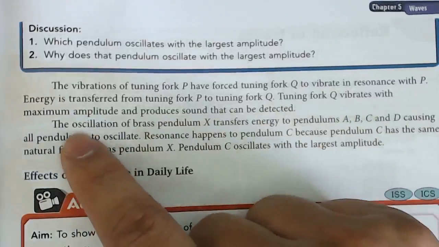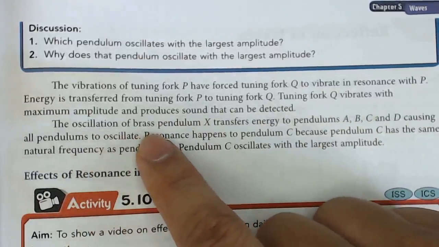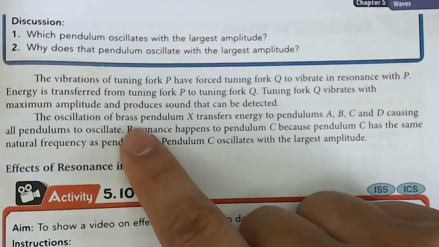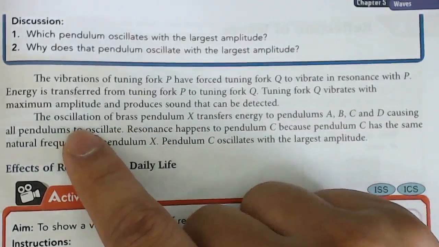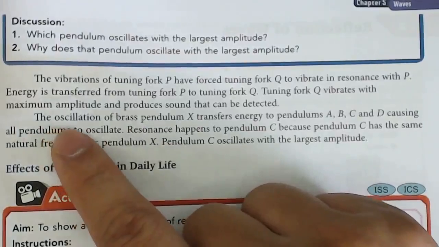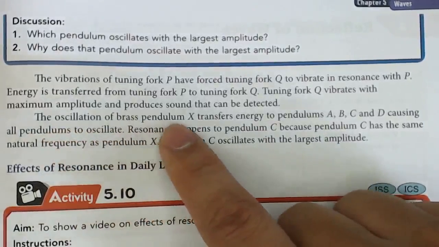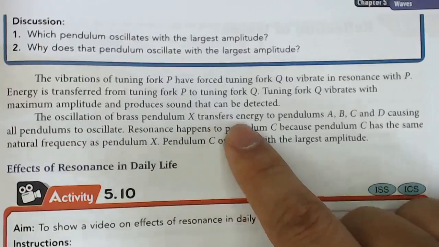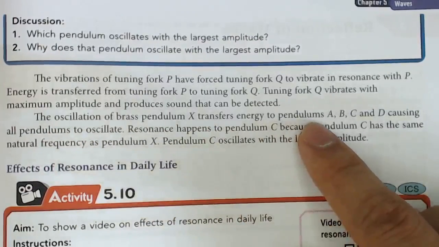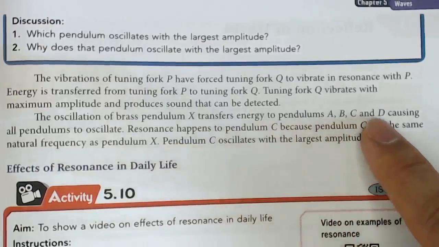Now we come to the explanation of this Barton's pendulum. The oscillation of brass pendulum X transfers energy to pendulums A, B, C, and D.